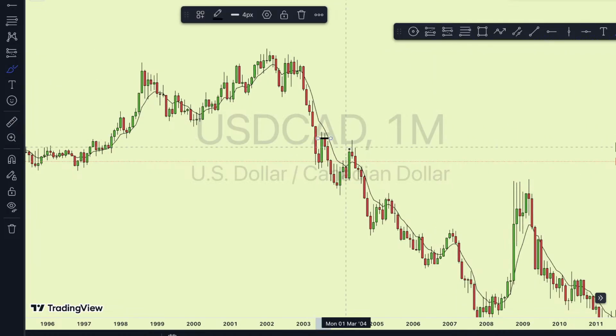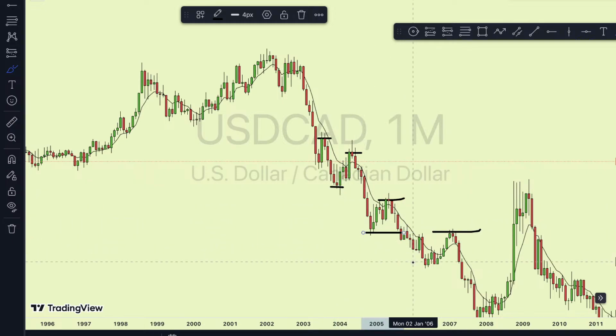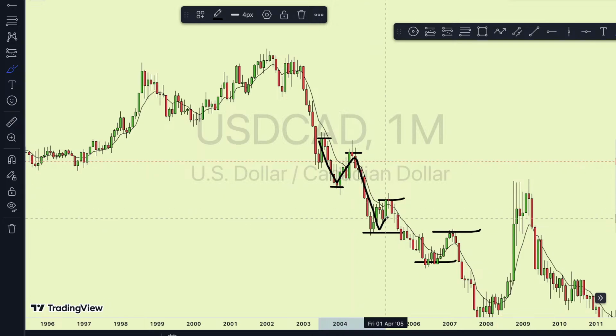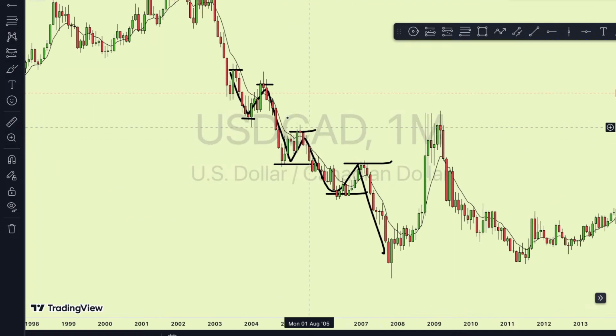A high point, a high point, a high point, high points, high points, high points, lows, lows, lows. So if we connect all these dots, what is this making? Lower lows and lower highs.